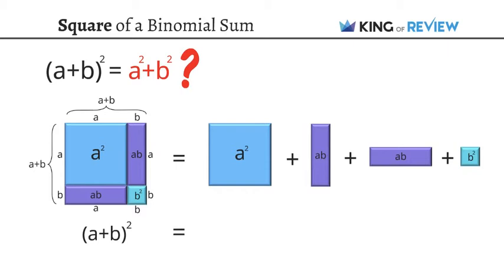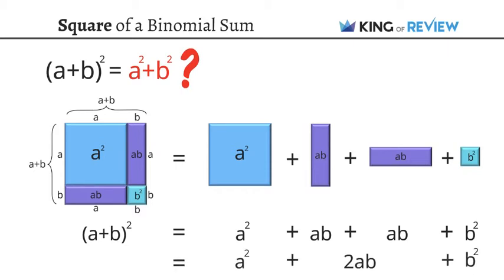The original one, a squared, and two rectangular bricks, plus ab, plus ab, and then lastly the smaller square plus b squared. Oh, there are like terms inside, so we can combine these. So this is equal to a squared plus 2ab plus b squared.